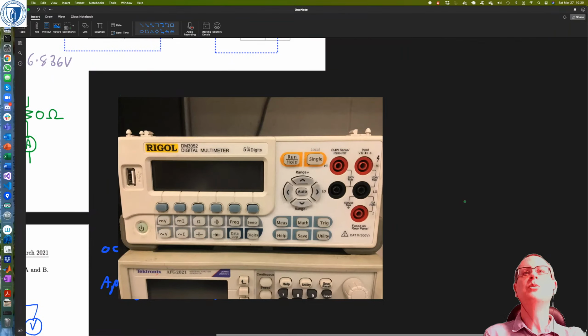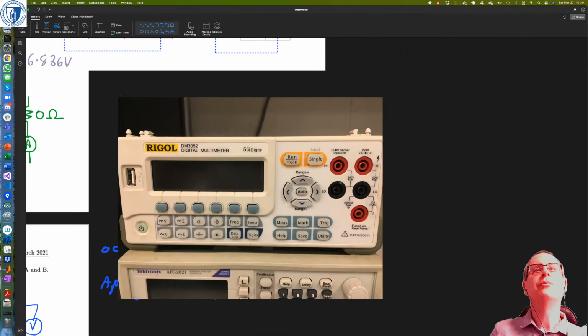Okay, so for the multimeter, you always use this input here. So this is the common, the common or the ground, right?